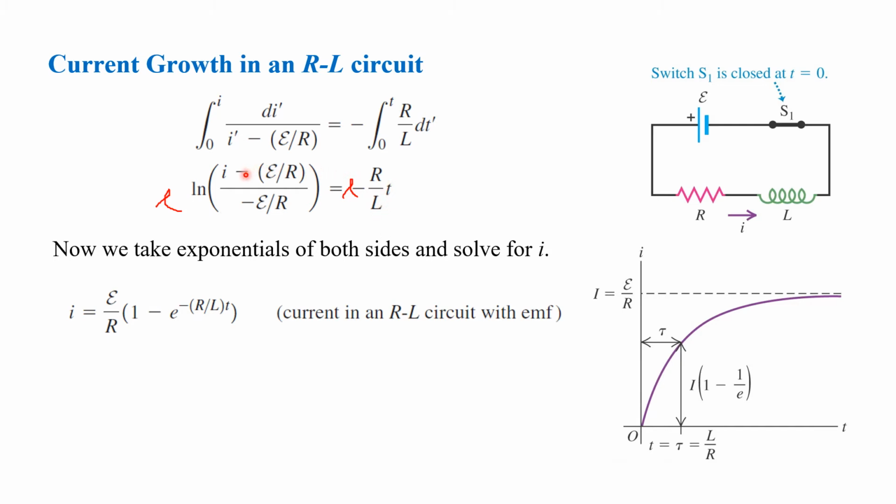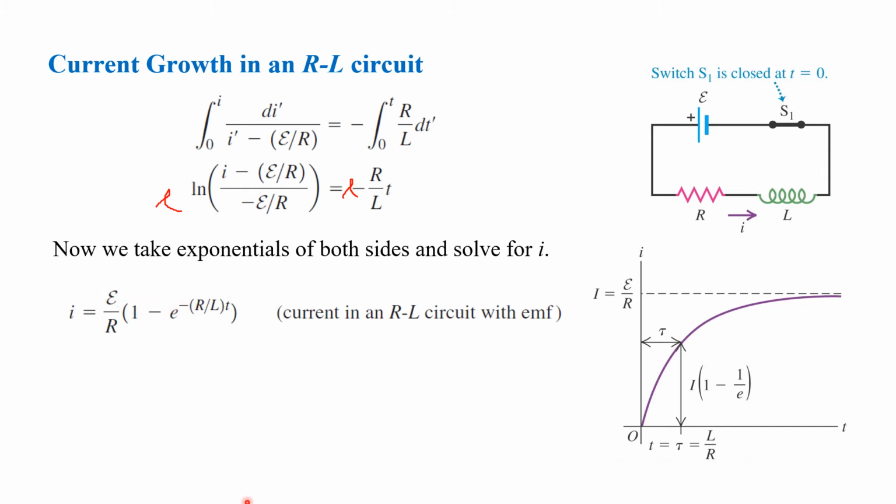And after taking the exponentials, we solve for i. Solving for i, you have i equal to epsilon over R times (1 minus e to the negative R over L times t). So you just did some algebra here to have this form.